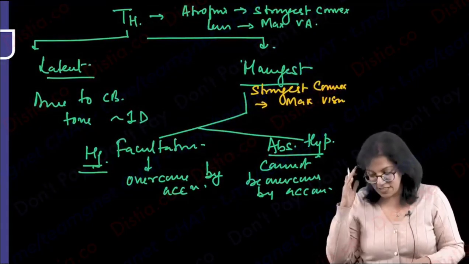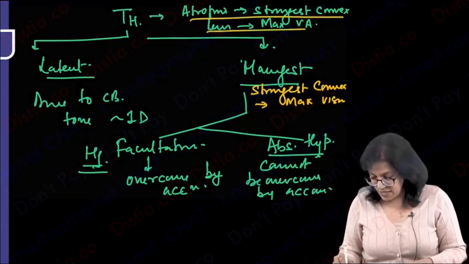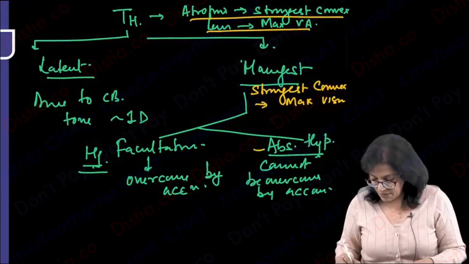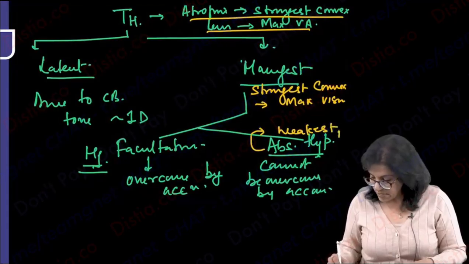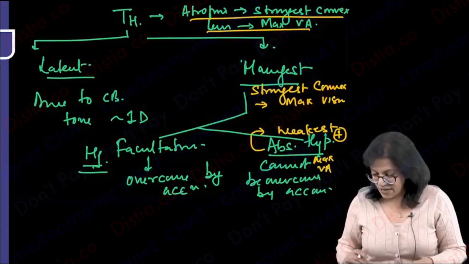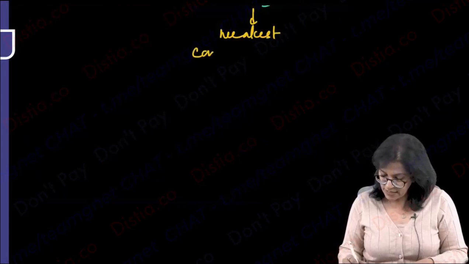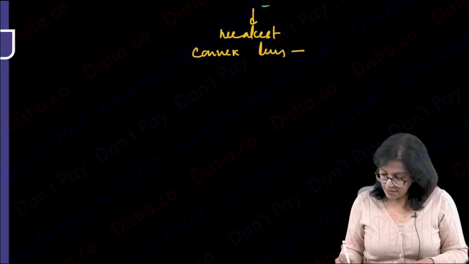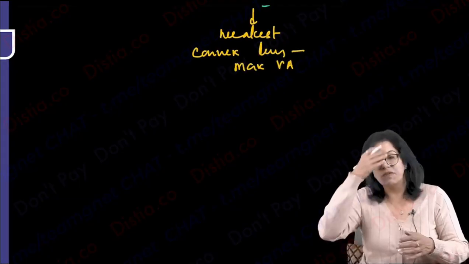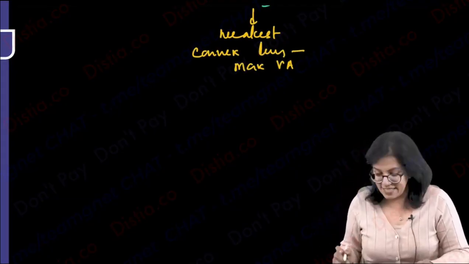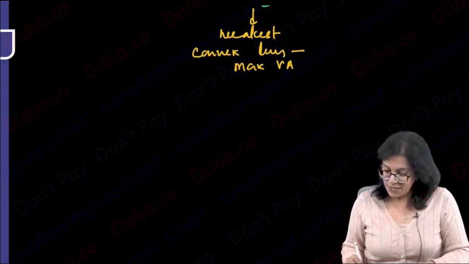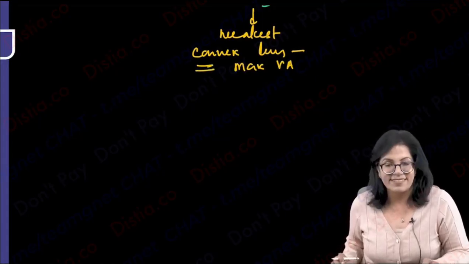So simple, logical. The weakest plus lens, the convex lens, which is giving maximum visual acuity, meaning 6 by 6, or whatever maximum vision that patient has, gives you the measure of absolute hypermetropia.